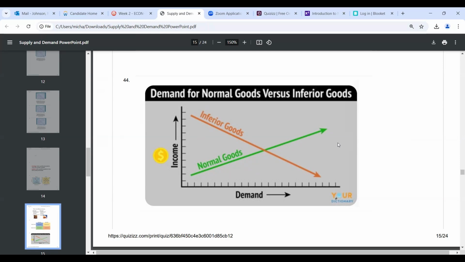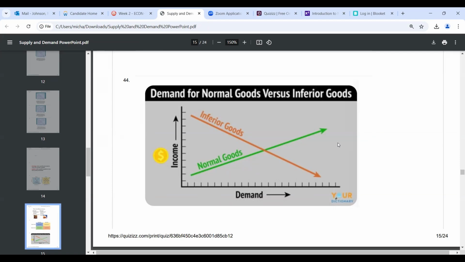So if your income goes up, on a personal level, like my family, my wife and our kids, we would still buy a lot of inferior goods. Even if our income went up, we'd still be buying a lot of inferior goods just to save money. But this is the average. This is what happens on average in the economy.